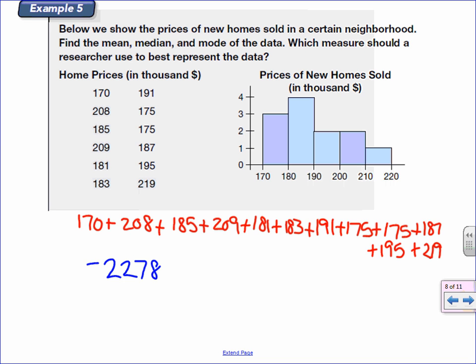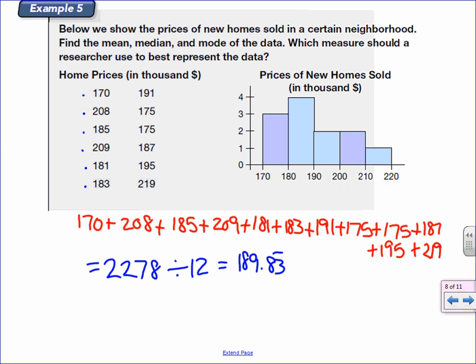2,278. And then I go through and there's 1, 2, 4, 6, 8, 10, 12 values. So I take that number and divide it by 12. And get 189.8333 repeating.